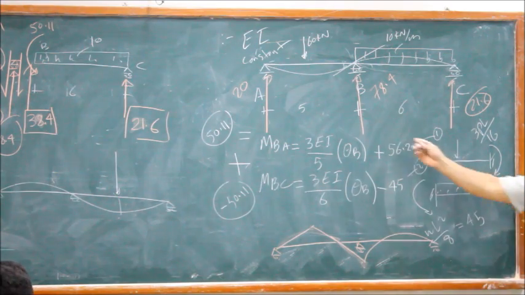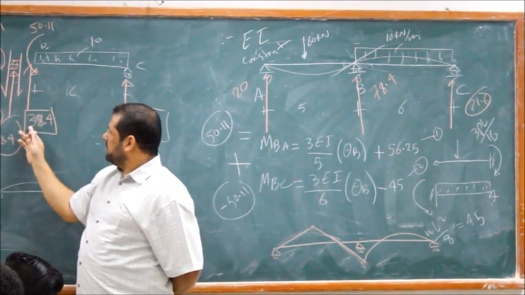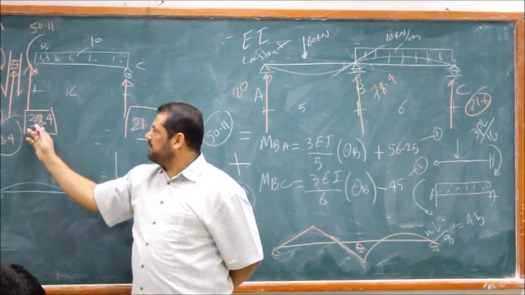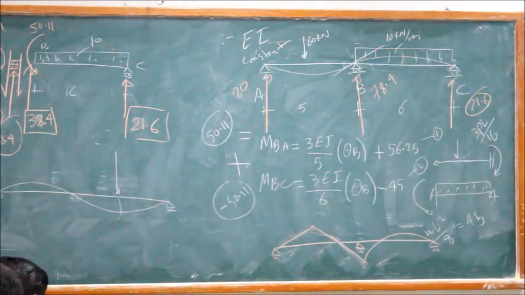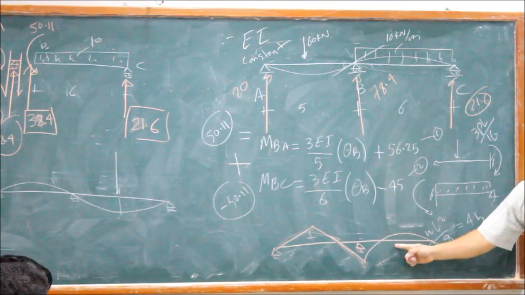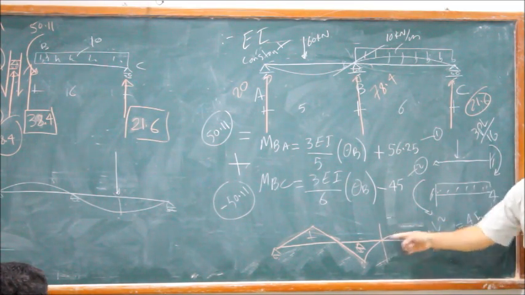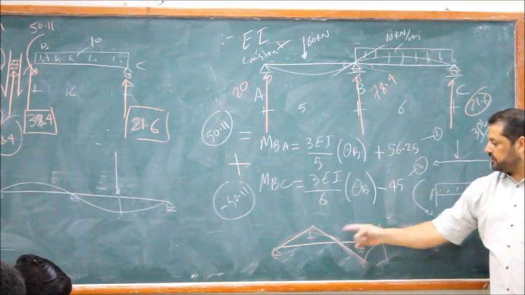Not the same. Here we have 40 for the linear, and here we have 38.4 for the curve. And you can easily find this and this. Take cut and take moment equal 0, take the other cut, so you can find this.